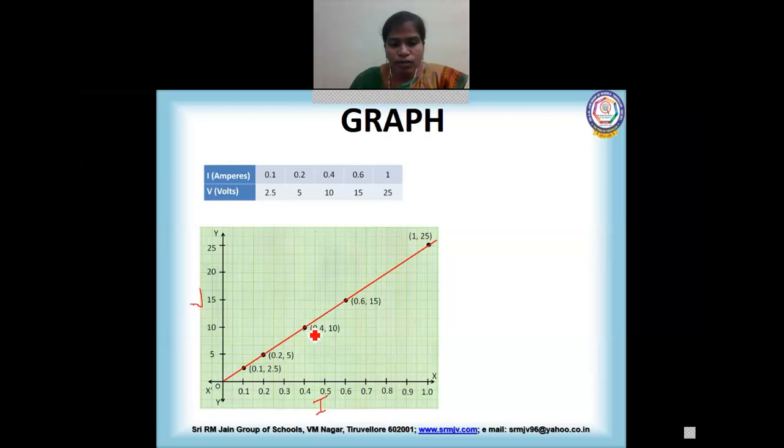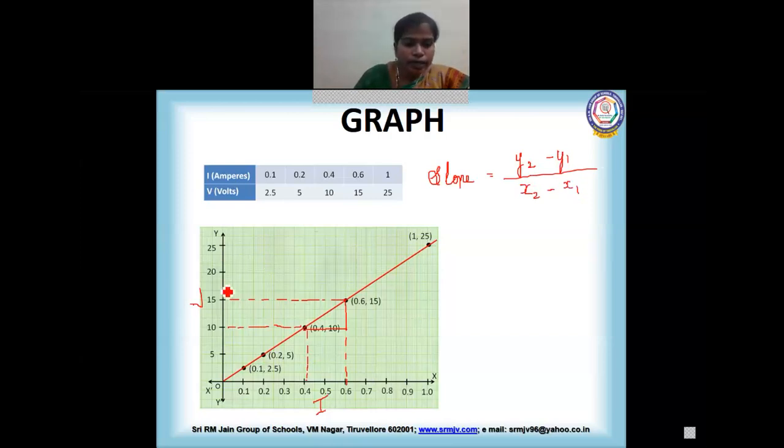So let me find out the slope value. The formula to find the slope is y2 minus y1 divided by x2 minus x1.